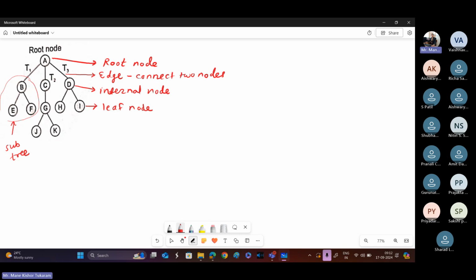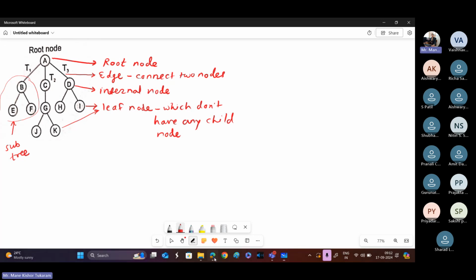The internal nodes have the connectivity between the nodes, so that's why it is called internal. And leaf nodes are the nodes which are at the end, which don't have any child node. So this is called a leaf node.